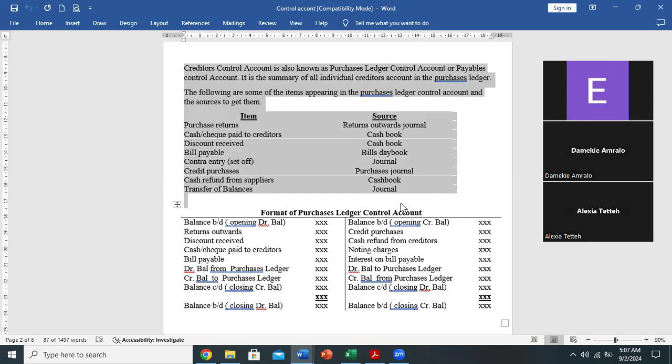Purchase returns, returns outward journal. Cash or check paid to creditors, cash book. Discount received, cash book. Bills payable, bills day book. Contra entry to set off, journal. Credit purchases, purchases journal. Cash refund from suppliers, cash book. Transfers.